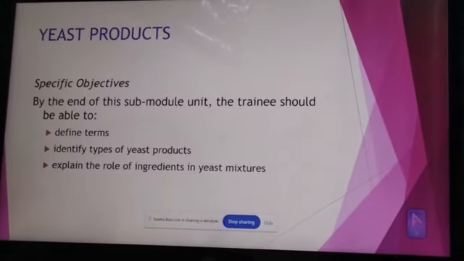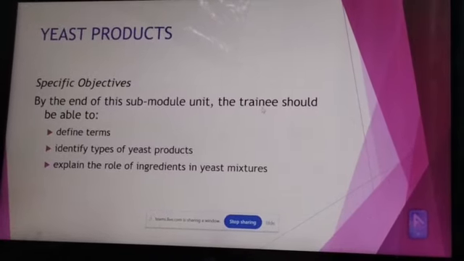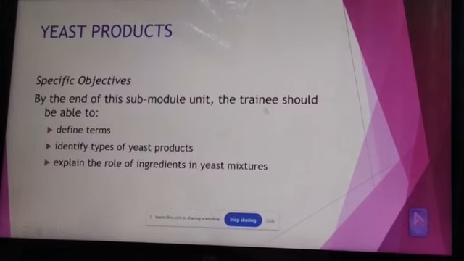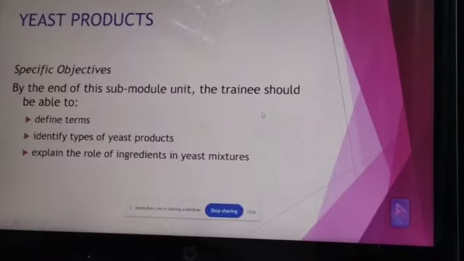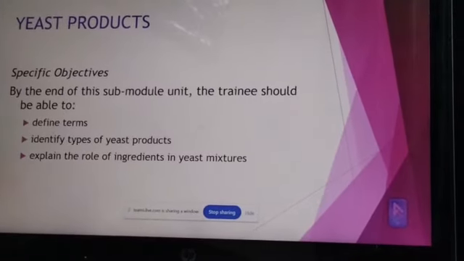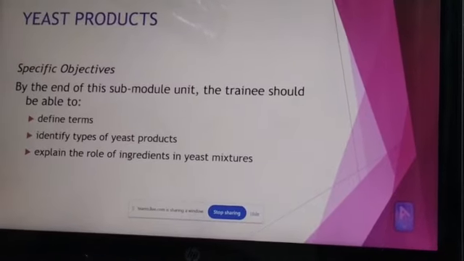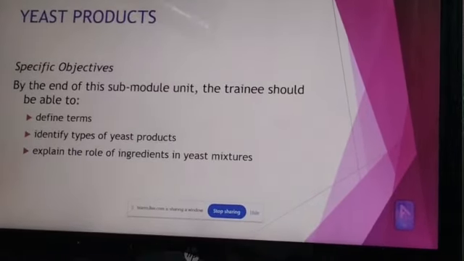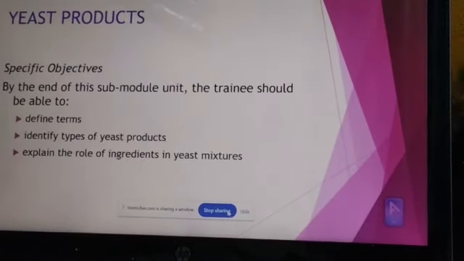Then number 3, explain the role of ingredients in the yeast mixtures. By the end of the lesson, you're supposed to have achieved these three objectives: define terms, identify types of yeast products, and explain the role of ingredients in the yeast mixtures.